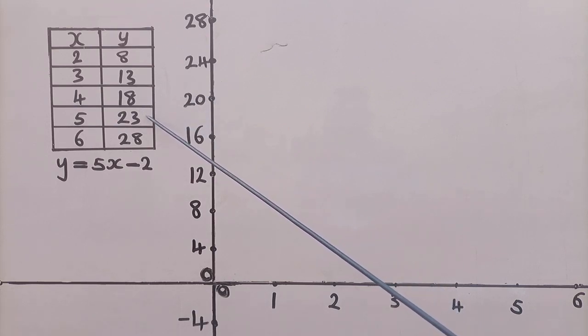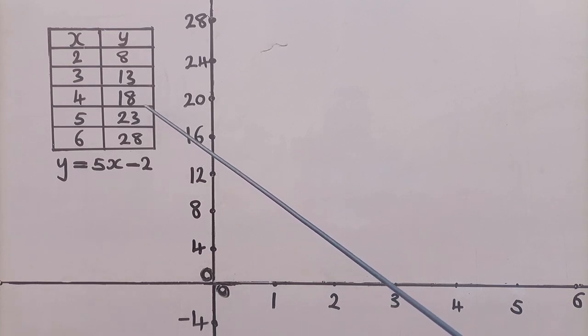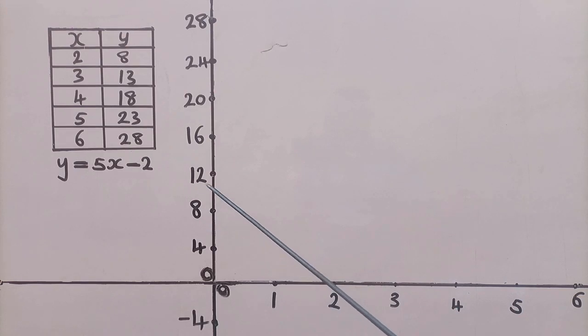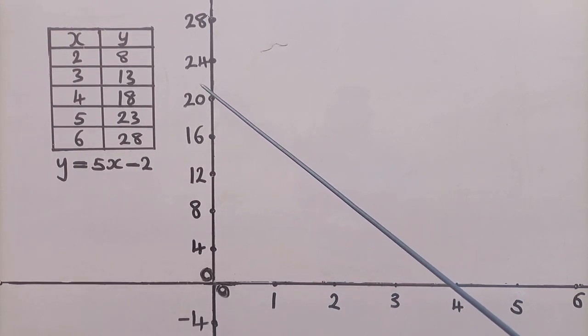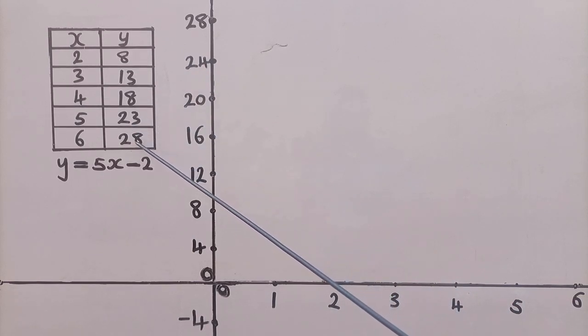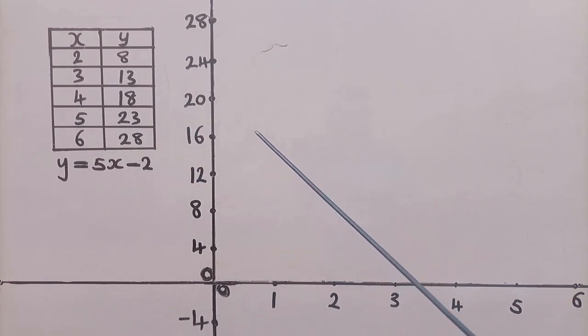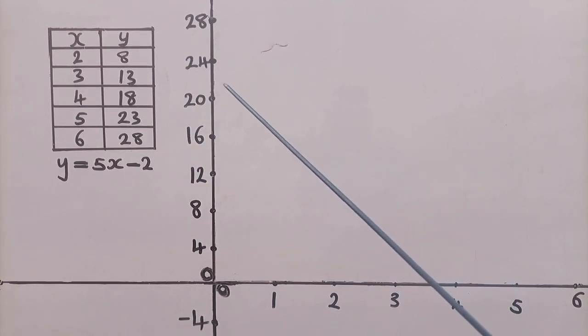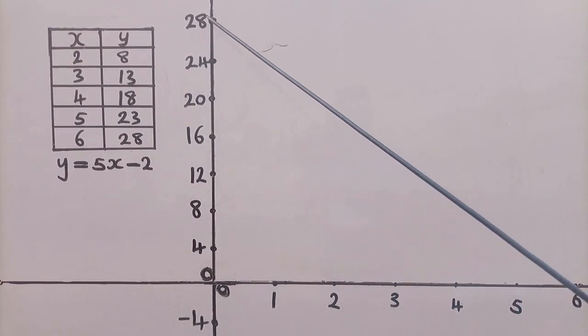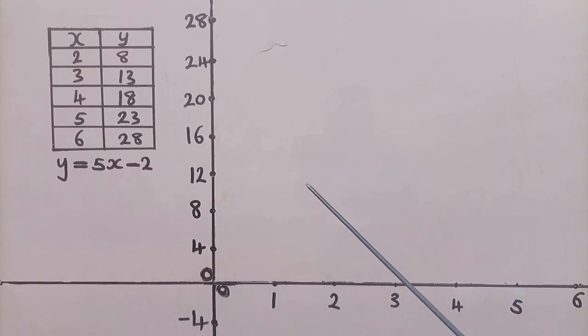In the table, in the column of y, we have 23. That is nothing like that on the axis, but it is somewhere between 20 and 24. What about 28? It is here. That means that it is only 8 and 28 that were found written on this axis.